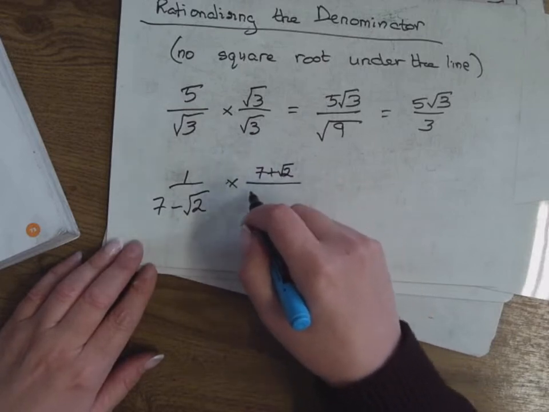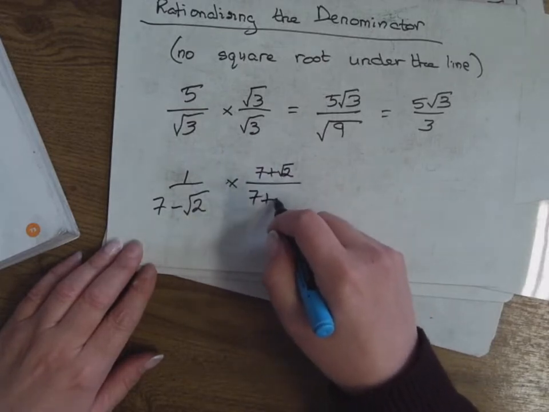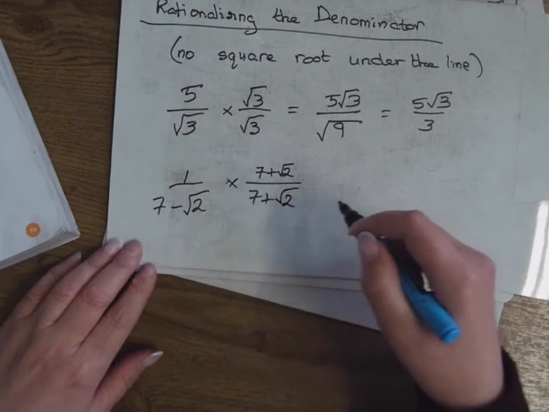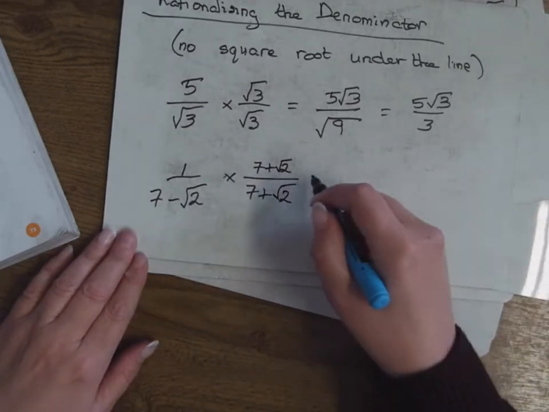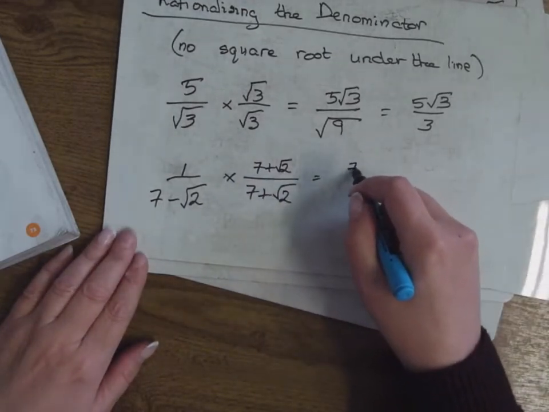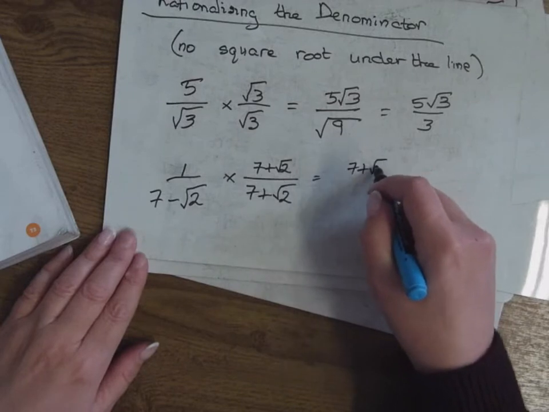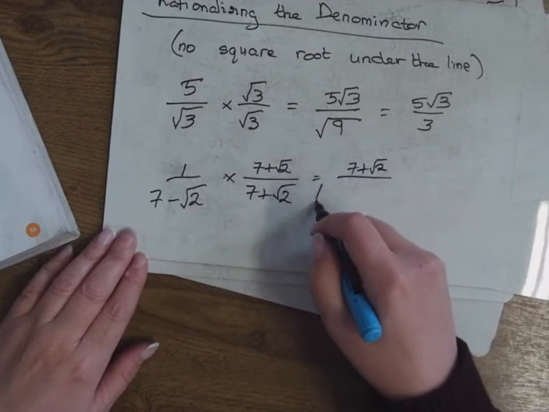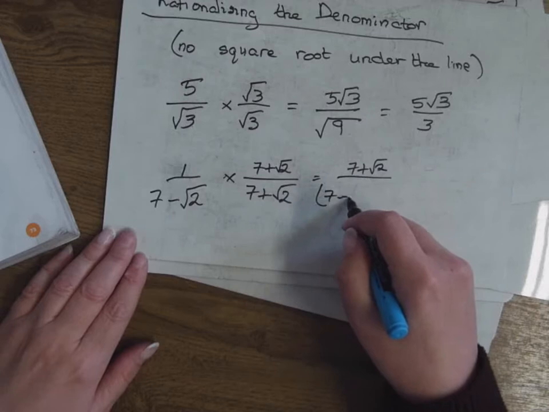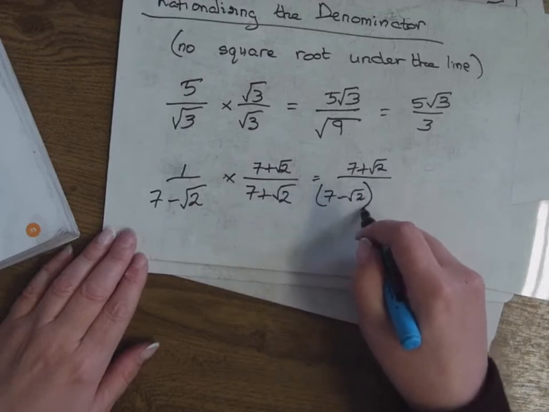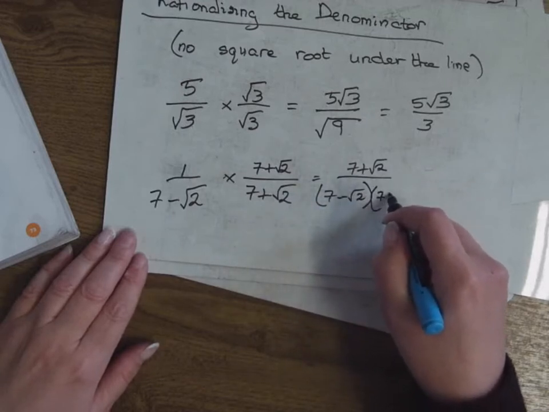If you multiply the top by it, you must multiply the bottom by the same thing, so you're multiplying by 1 effectively. Above the line, I have 7 plus root 2. Below the line, I'm multiplying 7 minus root 2 by 7 plus root 2.